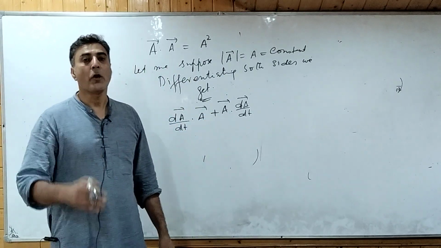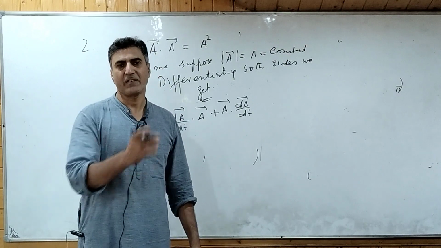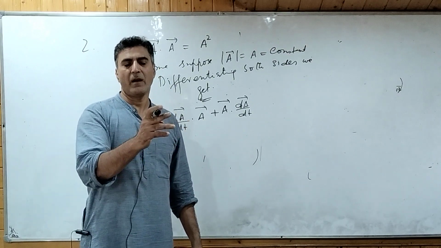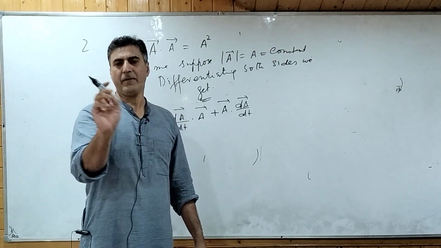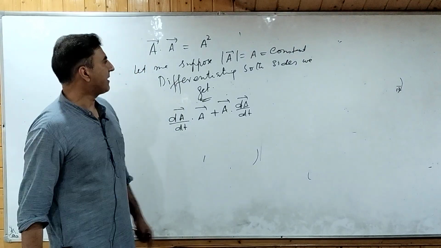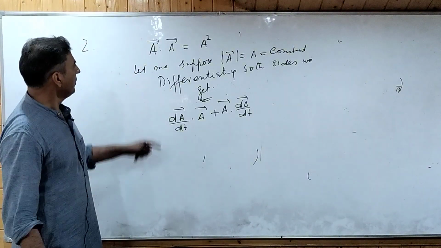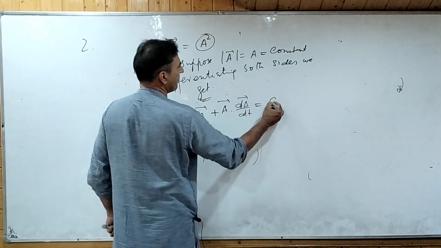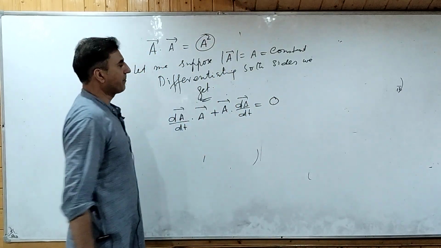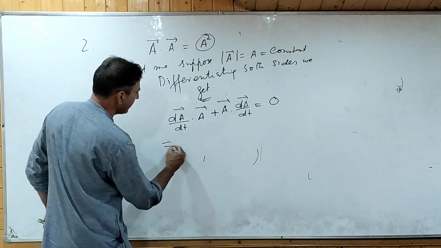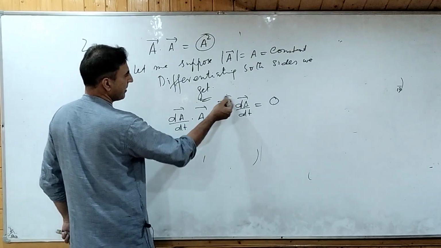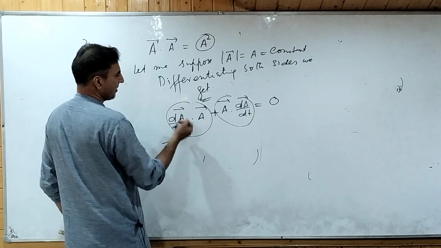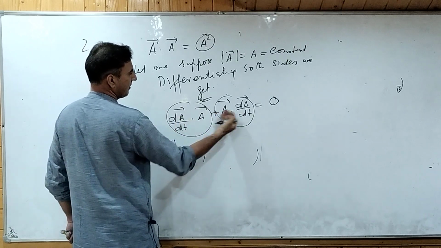This is a UV form differentiation. Differentiation of U times V plus V times differentiation of U, that is the rule. It is equal to the right side, whose differentiation will be 0 because we suppose it to be constant. So here we can write it is the same quantity, this and this, because they are equal.